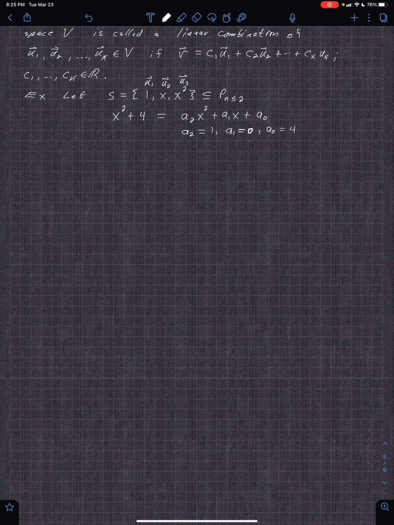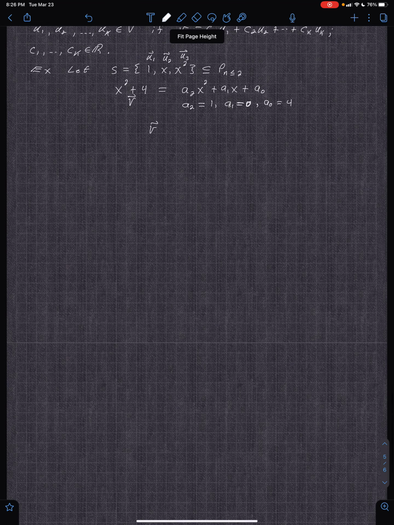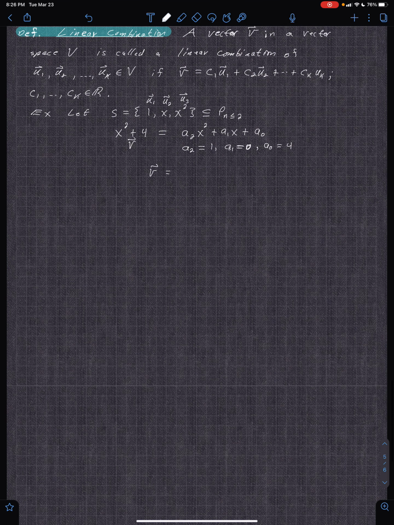Let's go back to this example. I wasn't done yet. So if this is my vector v, then let's write it in that form using our u1, u2, and u3.